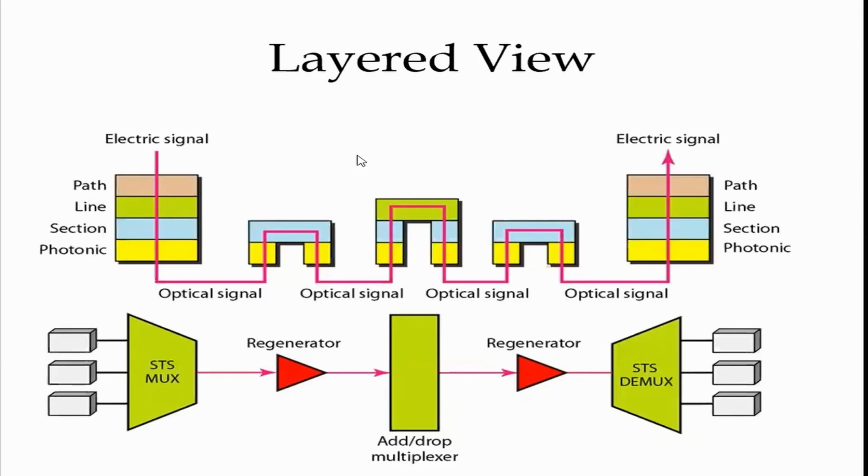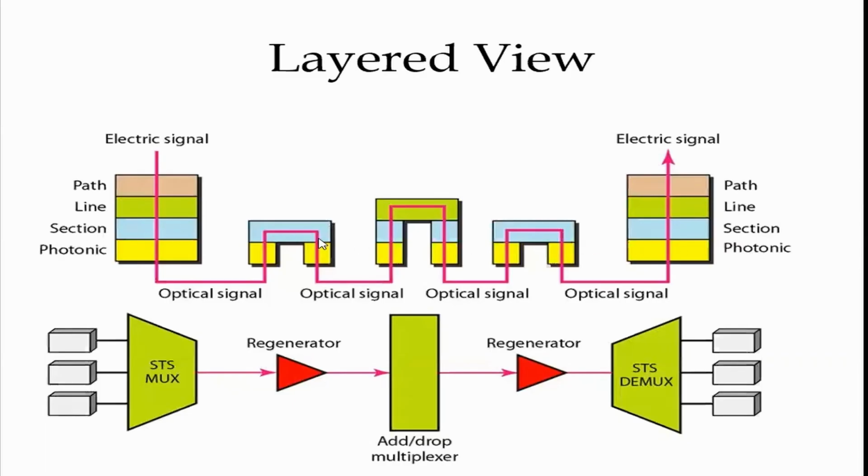Between transmitter and receiver, the data will be handled through path, and between the transmitter and the add drop multiplexer, it will be called line. All the data will be processed over the line. And if it is between the transmitter side and the regenerator, it is section.